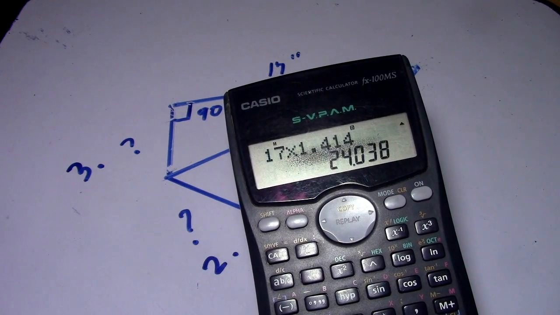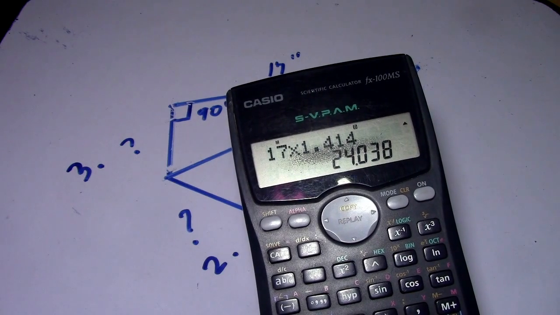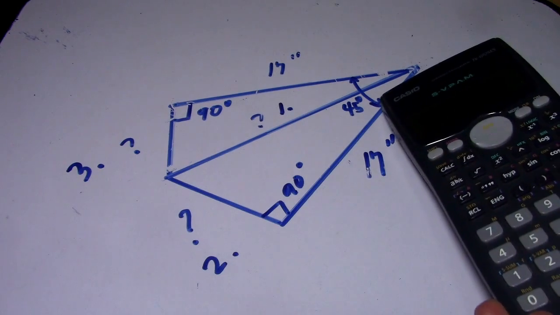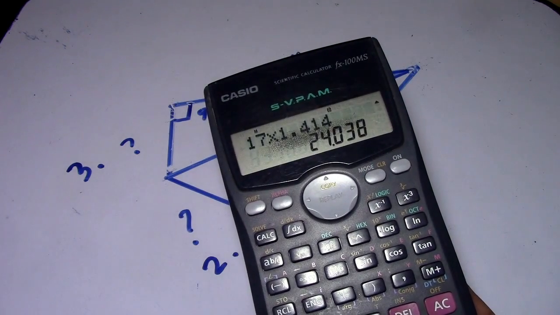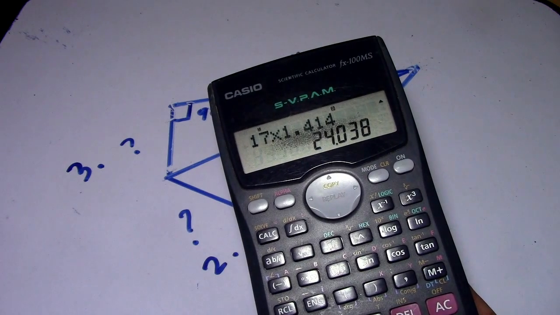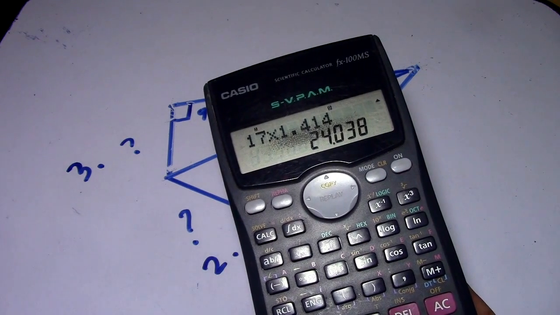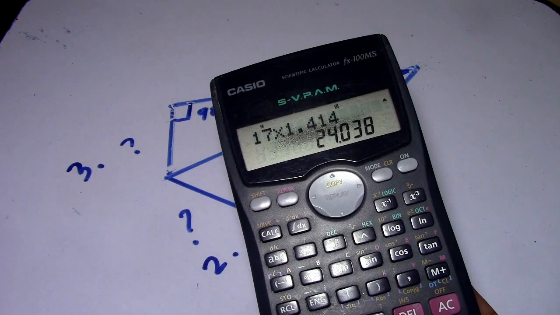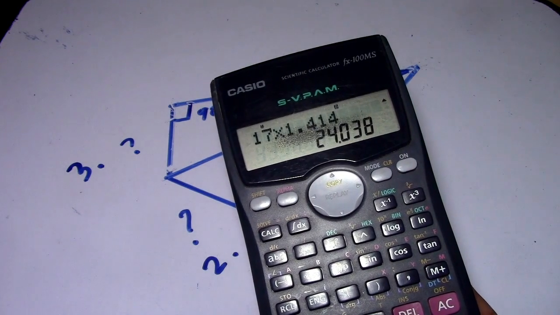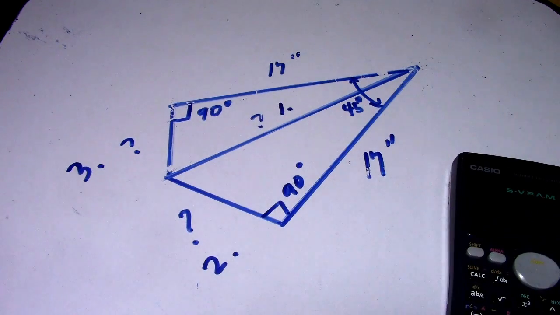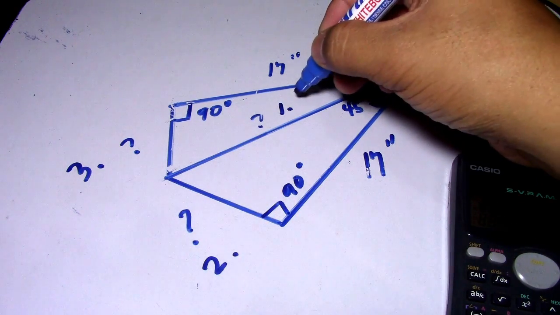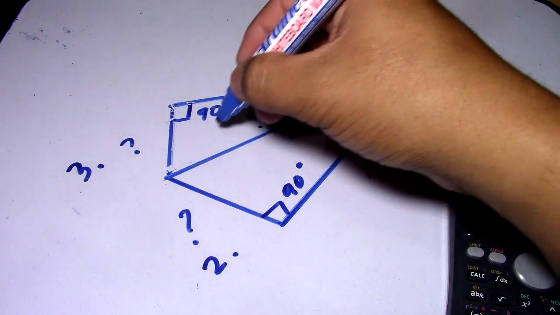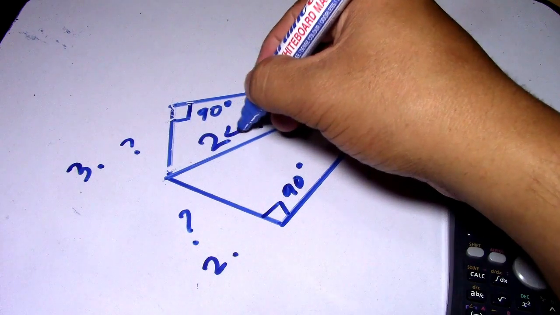Just multiply 17 by 1.414, because we have a given of 45 degrees and we use this 1.414. 17 multiplied by 1.414 equals 24.038. So we now have an answer for number 1: 24.